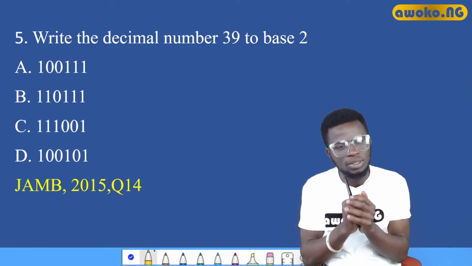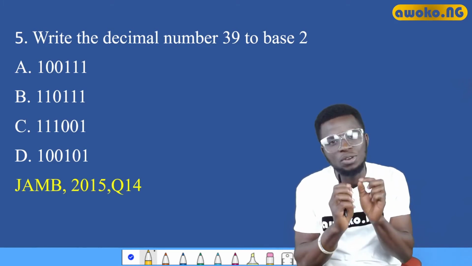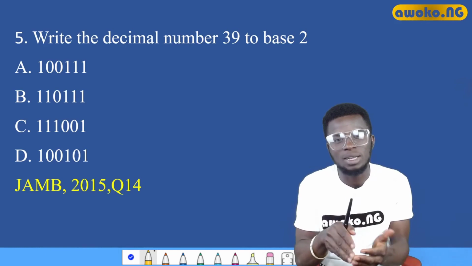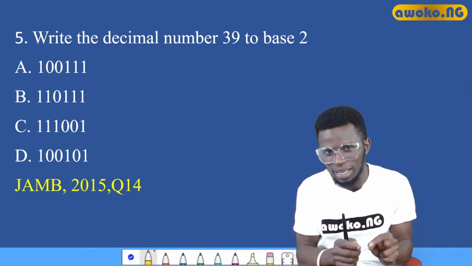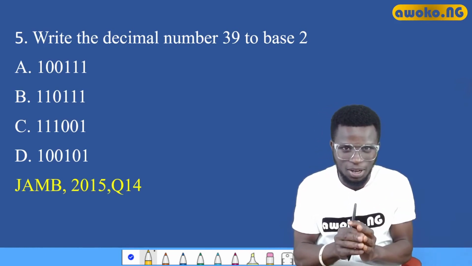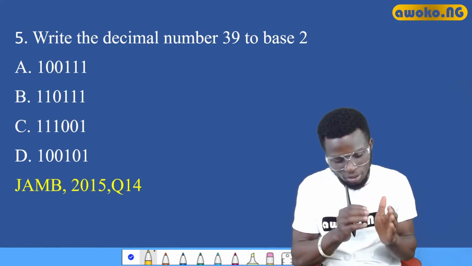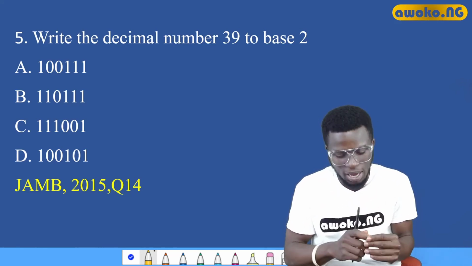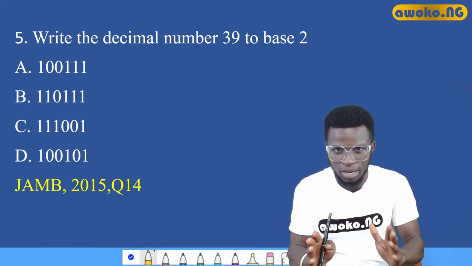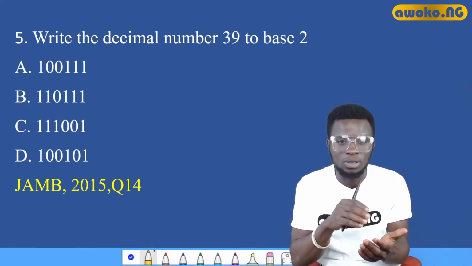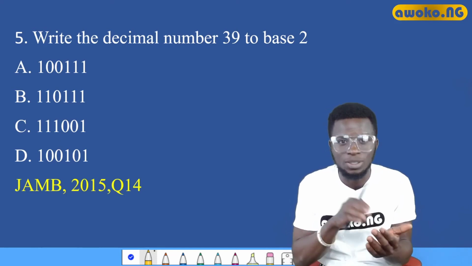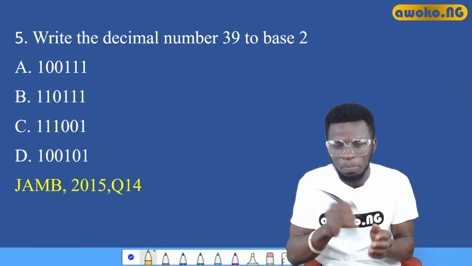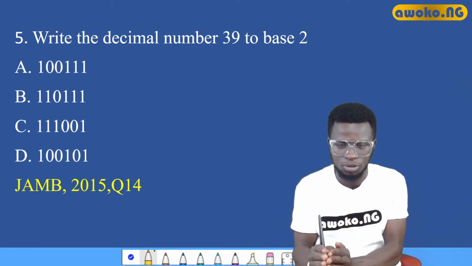I want you to take note that decimal numbers are numbers to base 10. So take note of that. So if anywhere you see decimal number, sometimes you might just put it as a number in base 10. Fine. But if you hear decimal or see decimal number, you know that they are talking about a number in base 10.